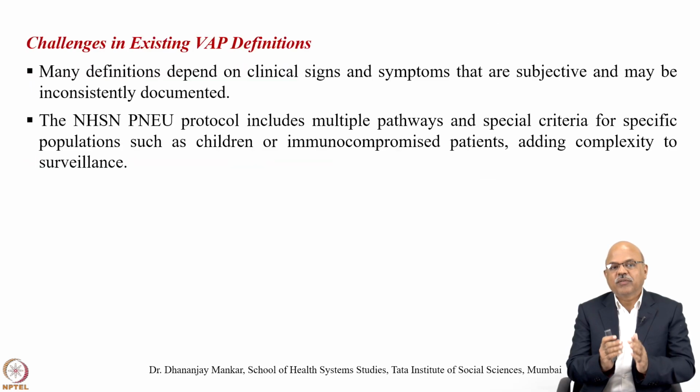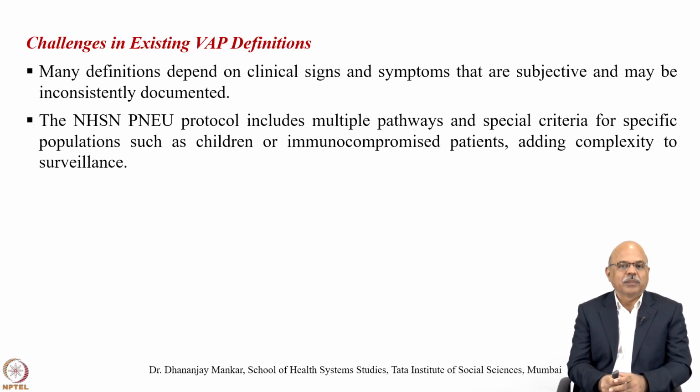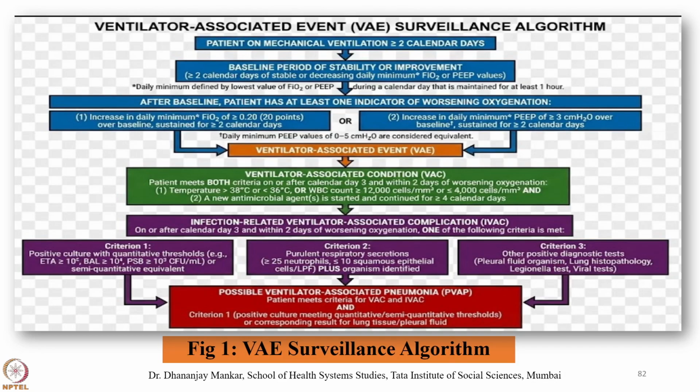Challenges in the existing VAP definition: many definitions depend on clinical symptoms and signs that are subjective and may be inconsistently documented. The NHSN PNEU protocol includes multiple pathways and special criteria for specific populations such as children or immunocompromised patients, adding complexity to the surveillance, which becomes a little difficult task for your team.